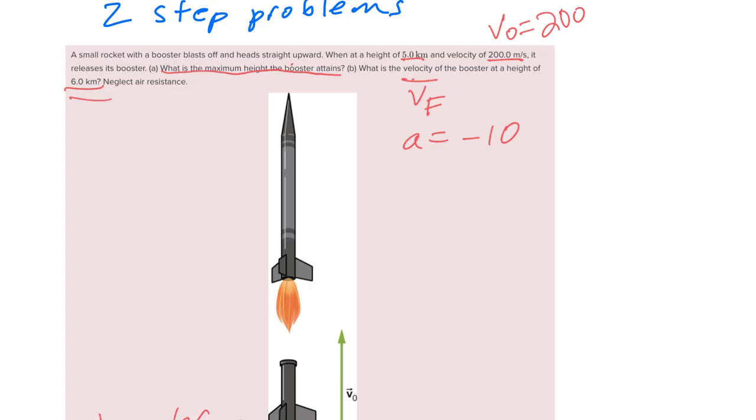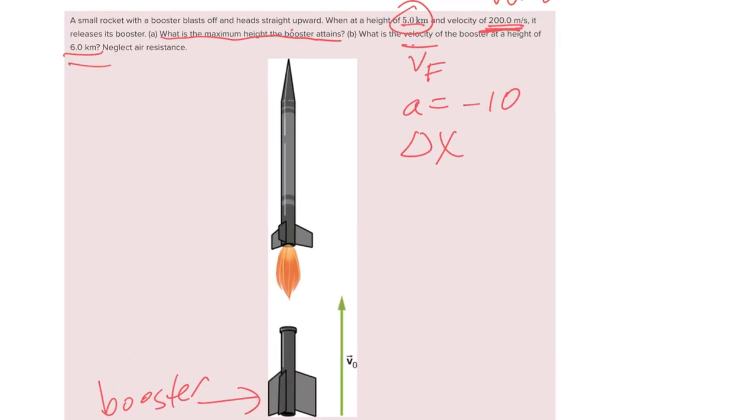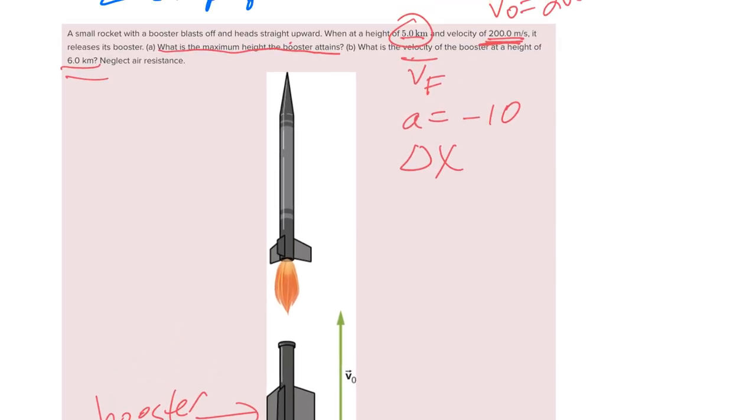So how high did it go from the point that it had 200 meters per second? Well, it was at 5 kilometers when it was released, and then it goes to 6 kilometers. So delta x, the position it traveled from 5 to 6, is 1 kilometer.